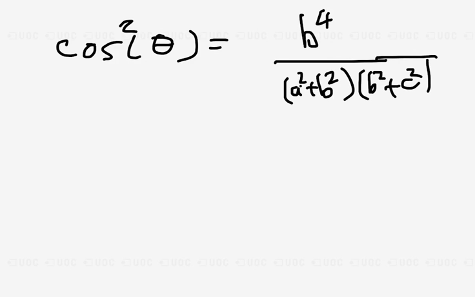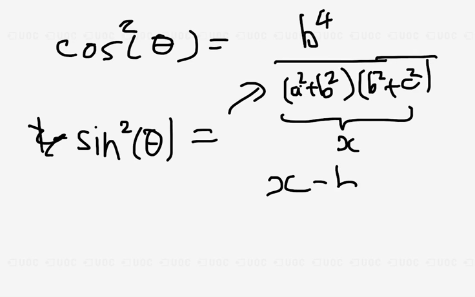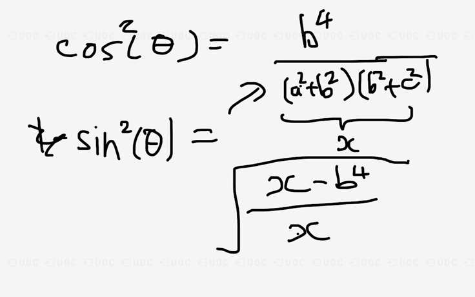We can also write this as 1 minus sine squared theta, so sine squared theta equals 1 minus this thing over here, which is also equal to, let's call it X, X minus B fourth over X. Now we take the square root on both sides, and we get sine of theta.